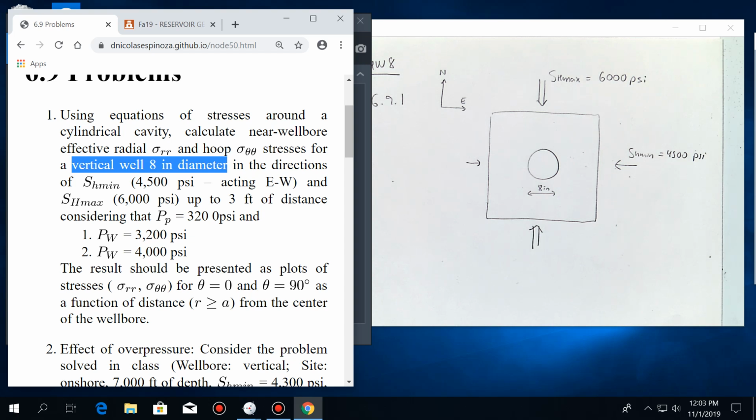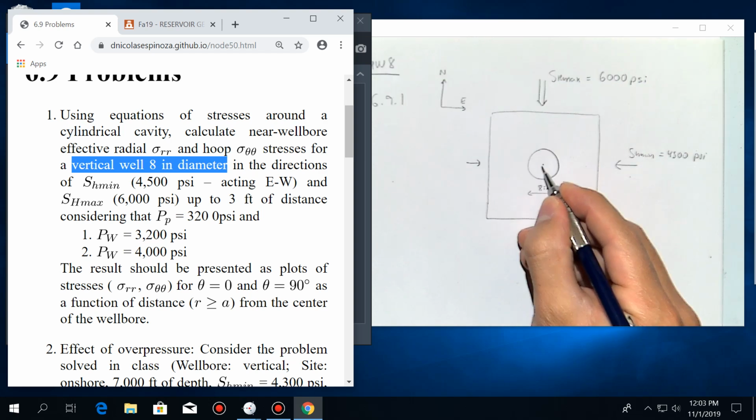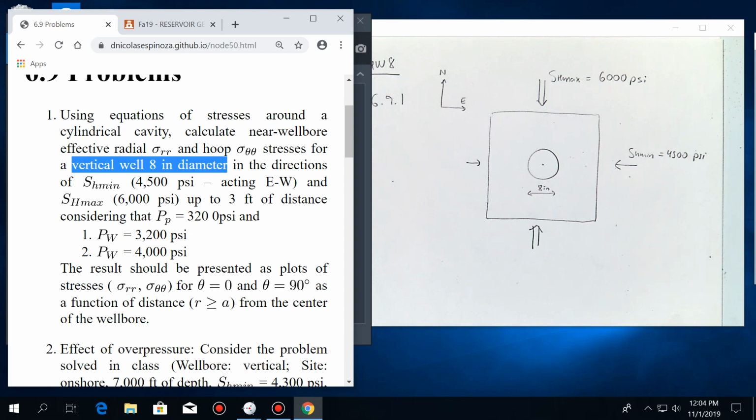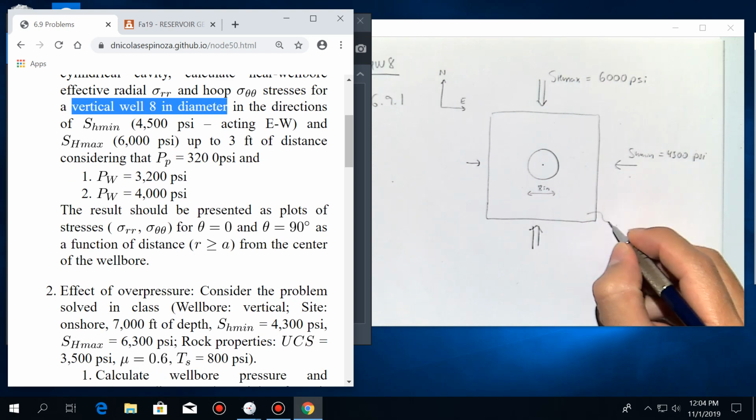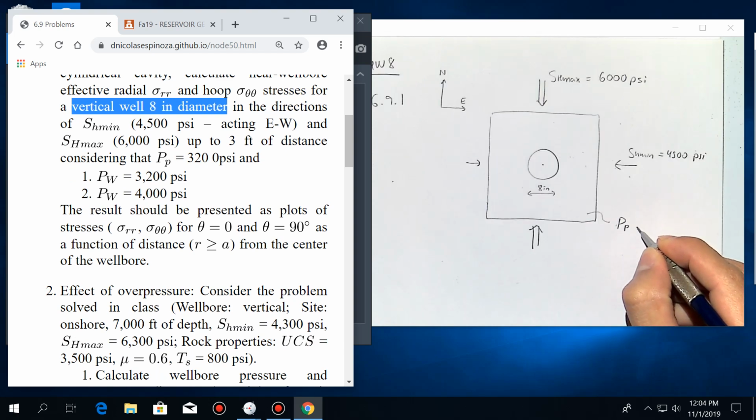Okay, what else? You want to calculate here stresses up to 3 feet of distance from the center of the wellbore.